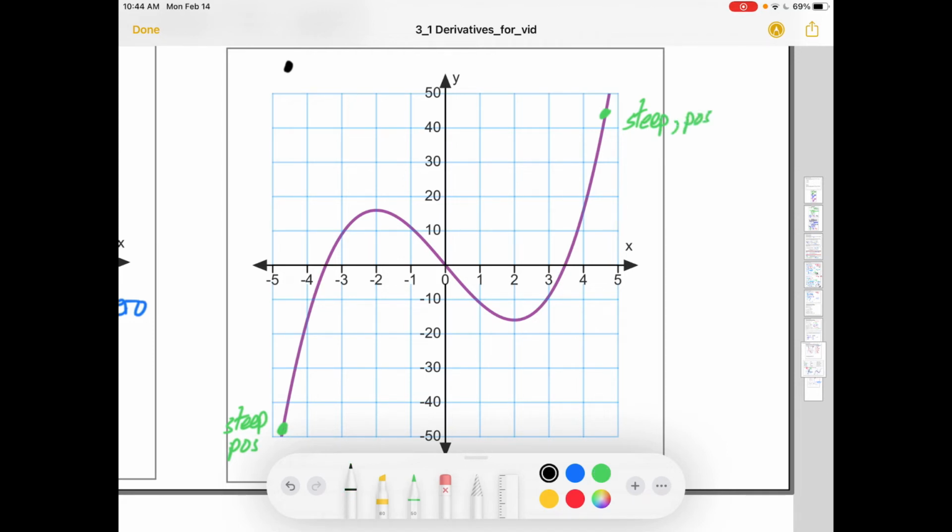So it's going to have a big positive derivative value. There we go. We've dealt with far left and far right. The next most important points are going to be places where we have slopes of 0. And that would be at the turning points. Slope of 0. And slope of 0.